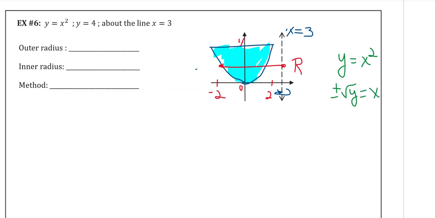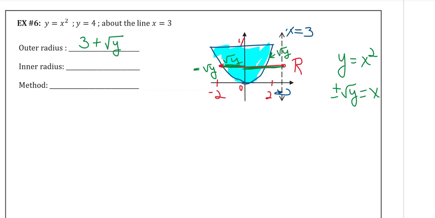So you have a minus square root of y on this side and plus square root of y on this side. So this distance here in green is a square root of y distance, even though we have negative square root of y. And then, of course, we have this distance, which is 3. So our outer radius is going to be 3 plus the square root of y, or square root of y plus 3, however you want to write it.